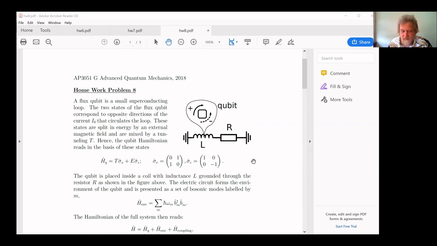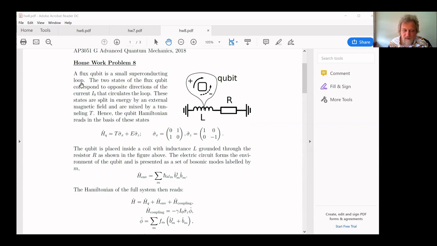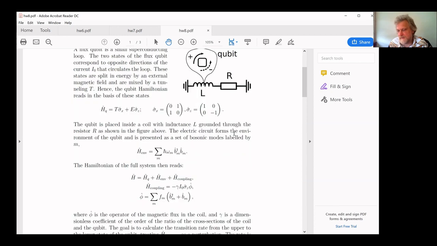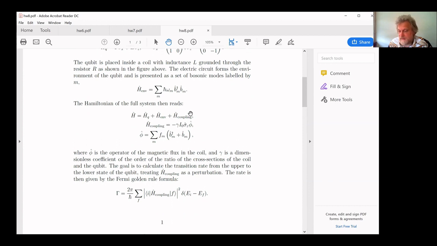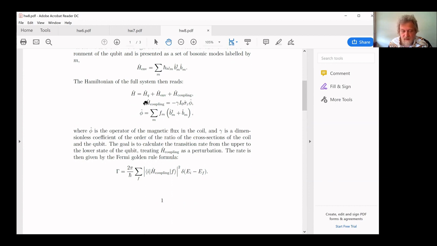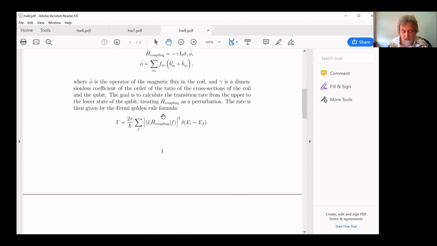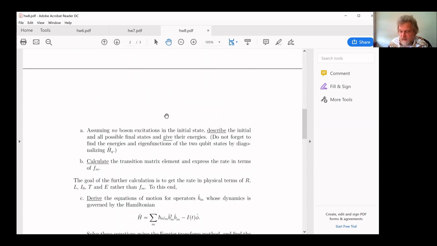Homework problem 8. Qubit in a small superconducting loop. The Hamiltonian is given, and a bit later, one needs to compute energies and eigenfunctions of this Hamiltonian. Our environment is a set of bosonic modes. Coupling to the environment is an important part. There are coefficients Fm, which we'll later express in terms of susceptibility, but not in the beginning.